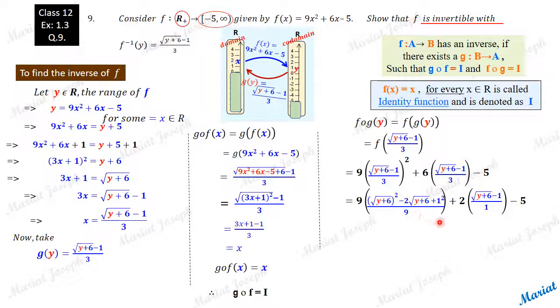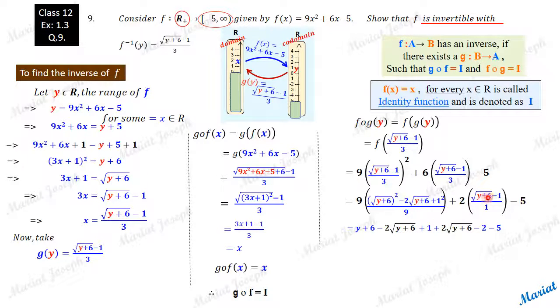Now go further. Let's cancel this 9. Root of y plus 6 whole square is y plus 6. Minus twice of root of y plus 6. And here twice of root of y plus 6. Expand this step. 9 got cancelled. Root of y plus 6 whole square is y plus 6. Minus twice of root of y plus 6. Plus 1.